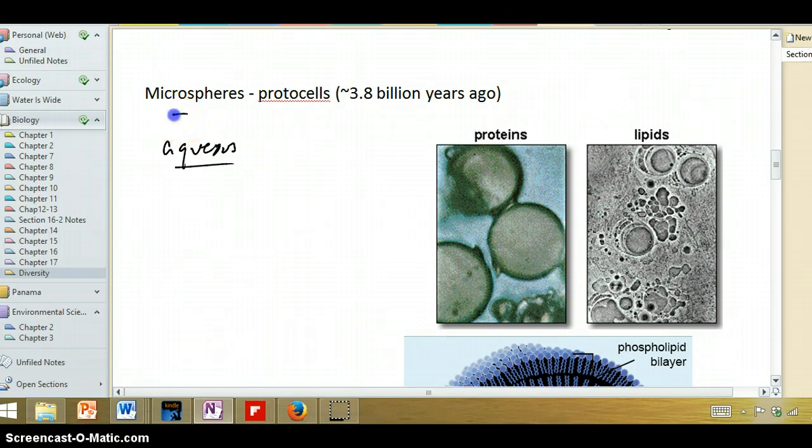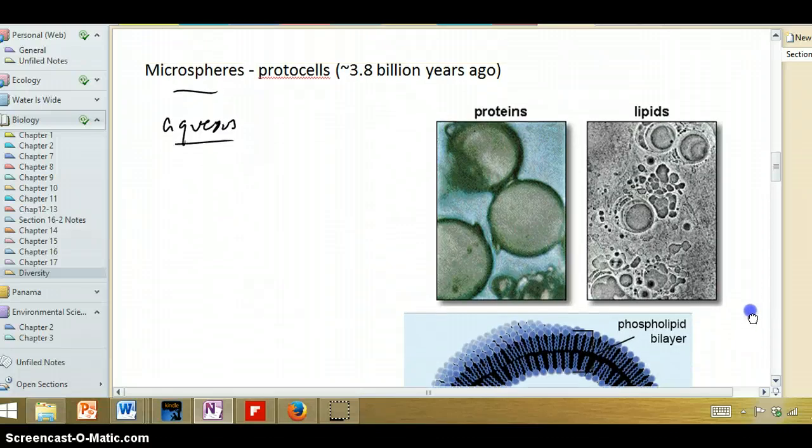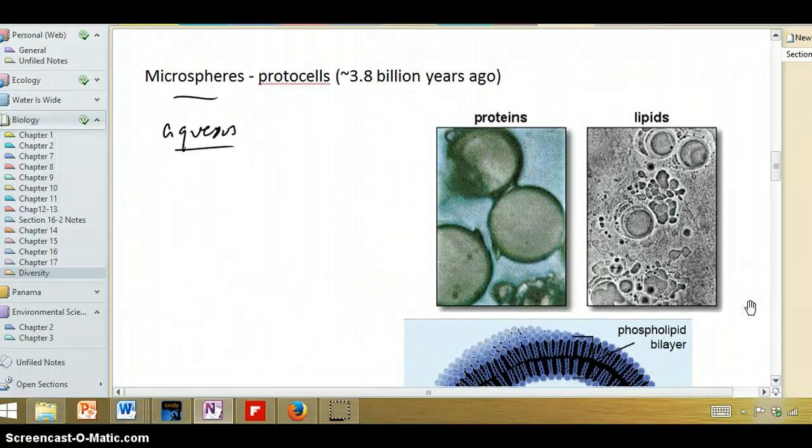These microspheres create a barrier between the inside of the sphere and the outside. And these things can start to demonstrate some of the properties of life, so we could perhaps describe them as protocells or some of the first cells. It's thought that some of these first cell-like structures were forming about 3.8 billion years ago.